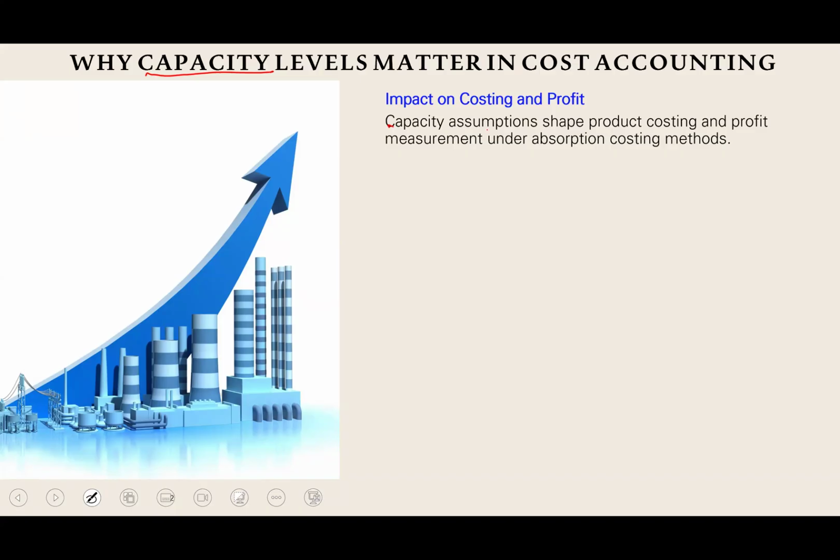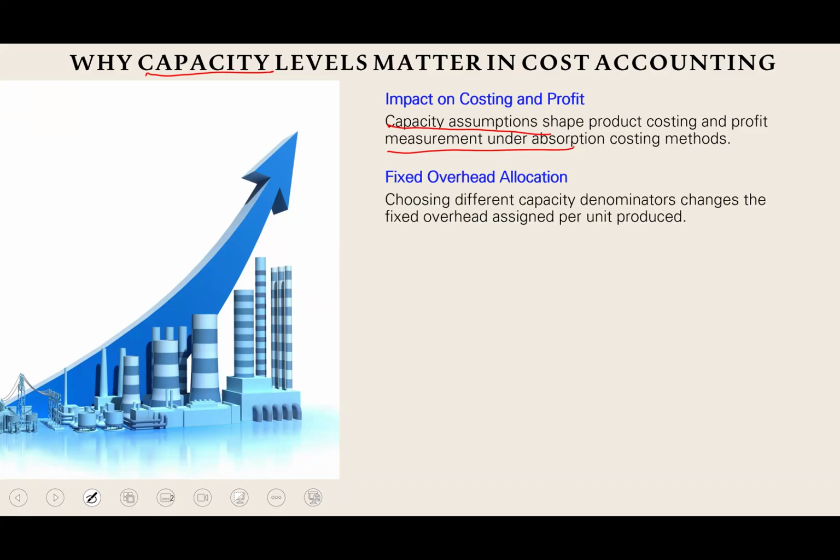Capacity assumptions, meaning how much is the company's capacity, can help you determine what would be the income in absorption costing. You can hold it on the back burner, but I'll talk about different types of capacity assumptions soon. As you can see again, capacity is related to the fixed overhead costs of the company.